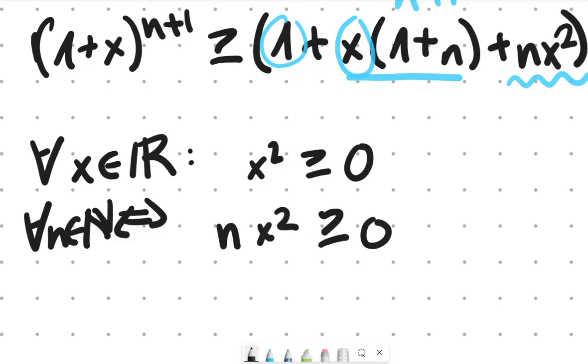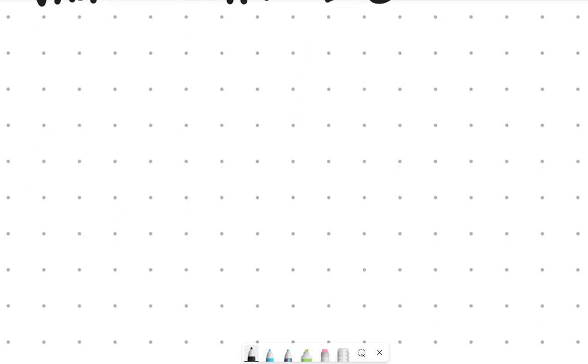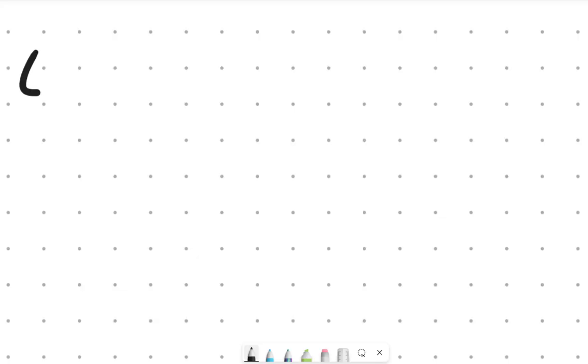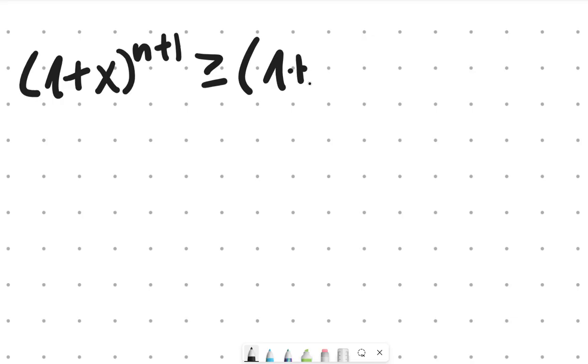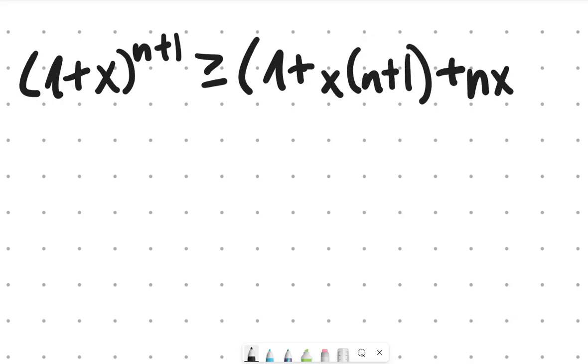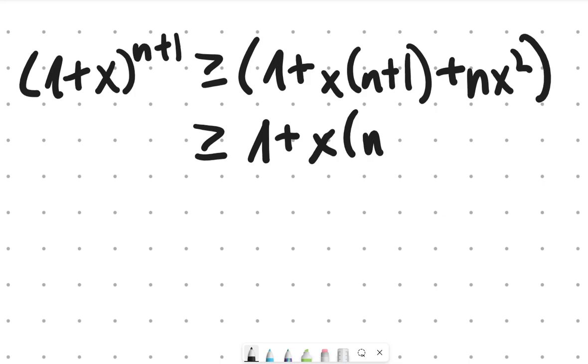So if we have this positive term here, nx², and we just eliminate the nx², it should obviously be bigger than 1 + x times (n + 1). So we can say that (1 + x)^(n+1) is bigger or equal to 1 + x times (n + 1) + nx², which is also bigger or equal to 1 + x times (n + 1), since this term is positive.